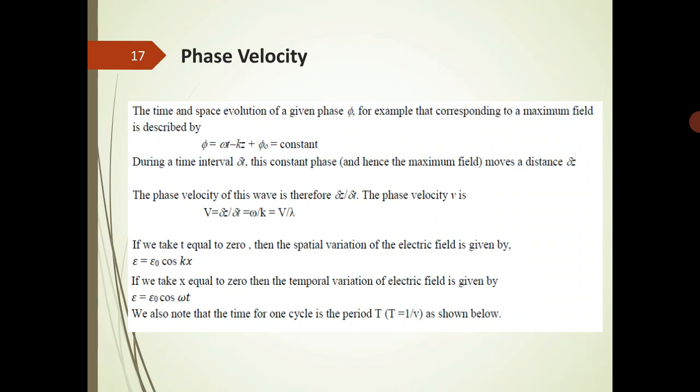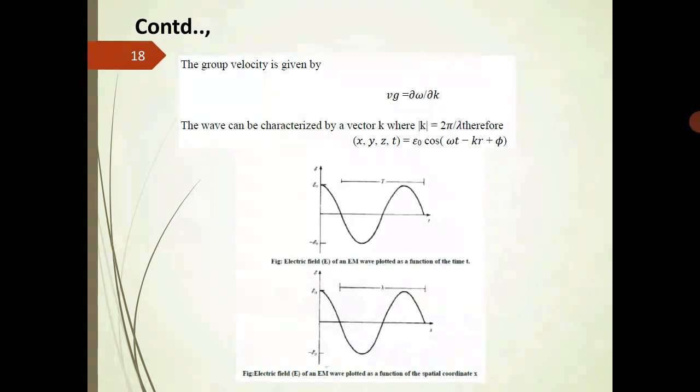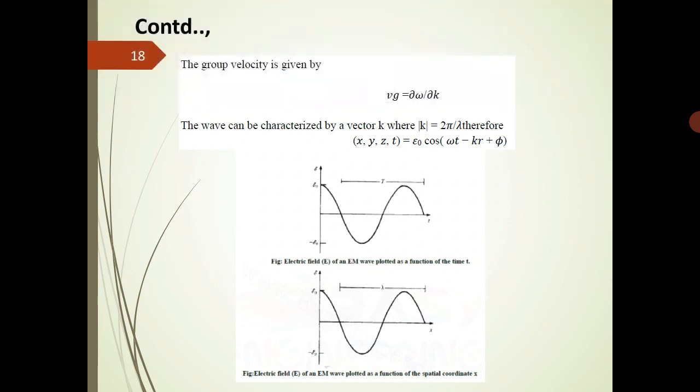While substituting t equal to 0, it occurs in the spatial coordinate, otherwise it occurs in the time parameter. And in order to find the group velocity, group velocity is dou omega divided by dou k. I am doing a partial derivation here. And this schematic diagram shows the variation with respect to time and with respect to the spatial coordinates.